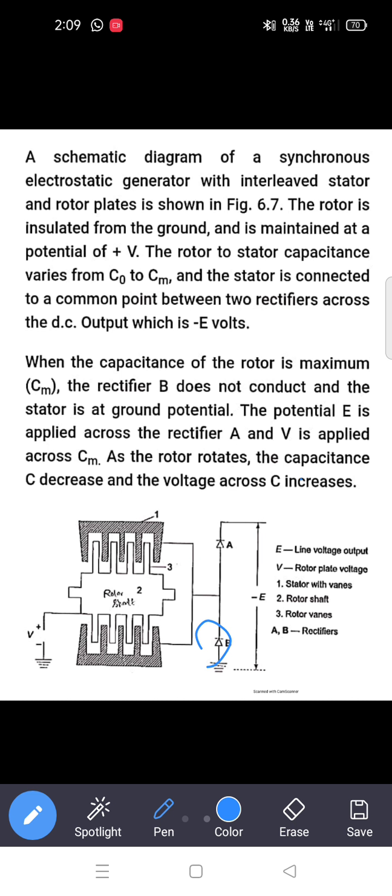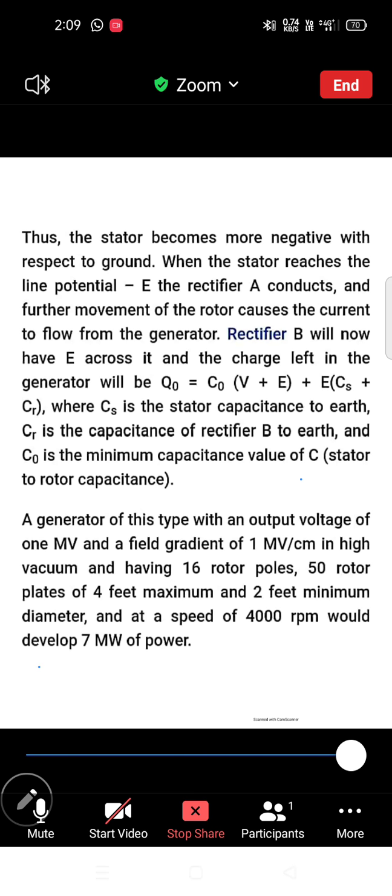The potential E is applied across the rectifier A and V is applied across Cm. As C decreases, the voltage across C increases. Thus the stator becomes more negative with respect to the ground. So we saw that Q0 equal to C0 (V plus E) plus (Cs plus Cr).